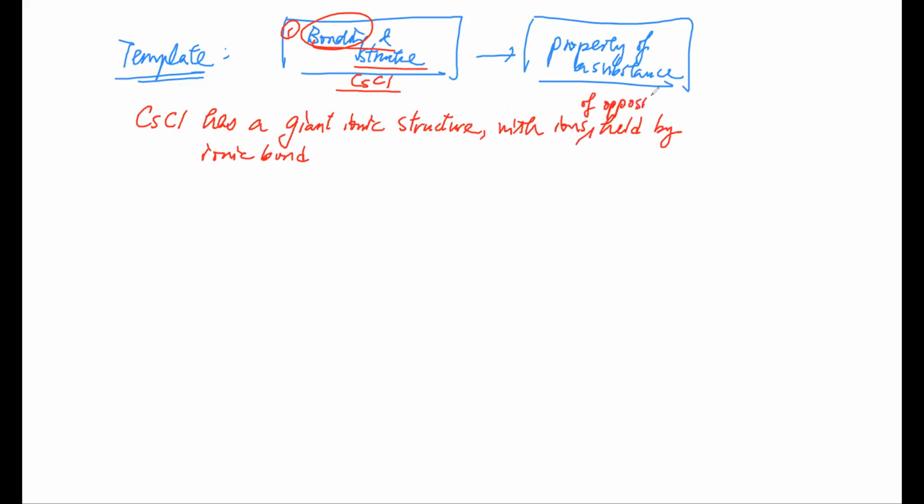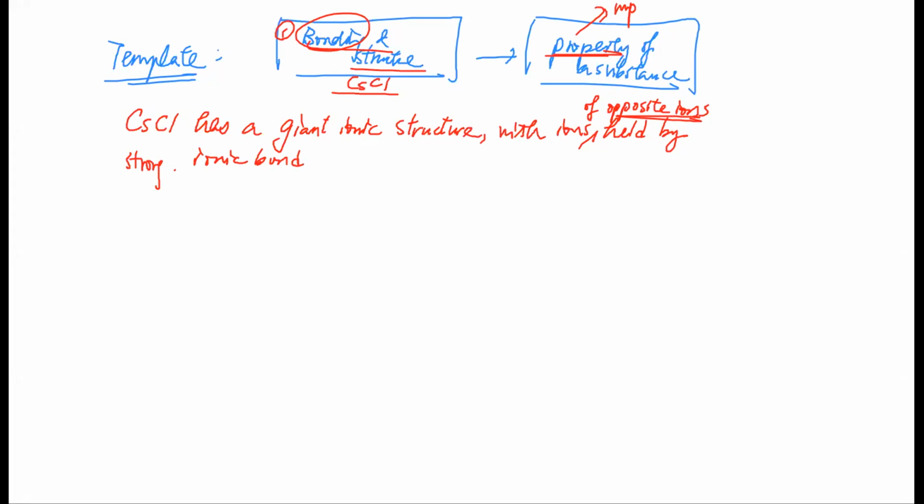Why do I say opposite charge? Because I need to prepare to tell something about the property. The property can be melting point, boiling point, brittleness, hardness, etc. So this is the example. After this point one, here comes point two: you are going to relate to the property of the substance.